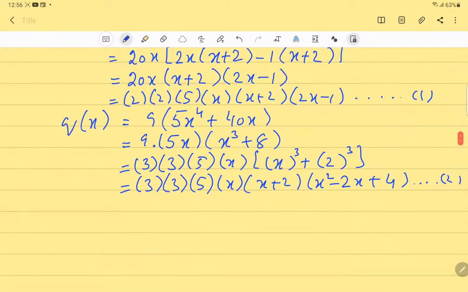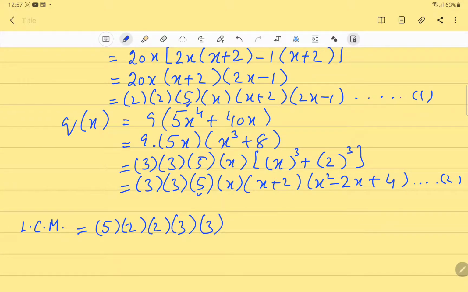Okay, now we will write our LCM. First we will select the common factors. In the first one and second one 5 is common, so we are writing 5. Then check for the other digits also. We don't have any common digits, so we will write all the digits like 2 times 2 and 3 times 3.